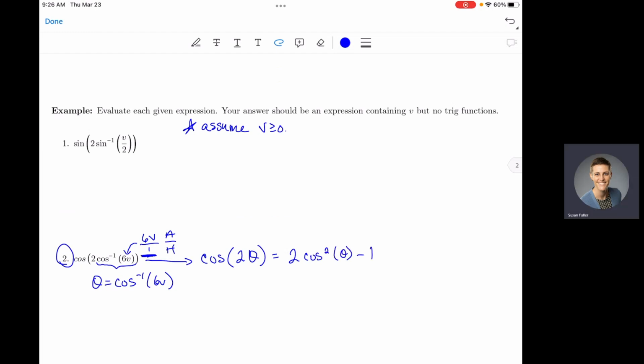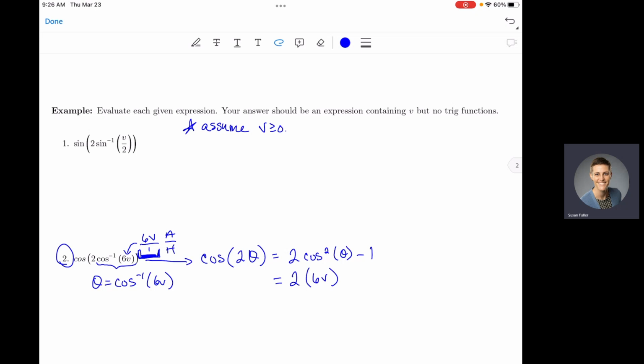This is the formula that I'm going to use to find the cosine of 2 theta. In order to do that, I'm going to do 2, and then multiply that by the cosine of theta squared. I know the cosine of theta without even drawing a triangle. I know that the angle that I get out of here is going to have a cosine value of 6v over 1. So 6v is going to be my cosine value.